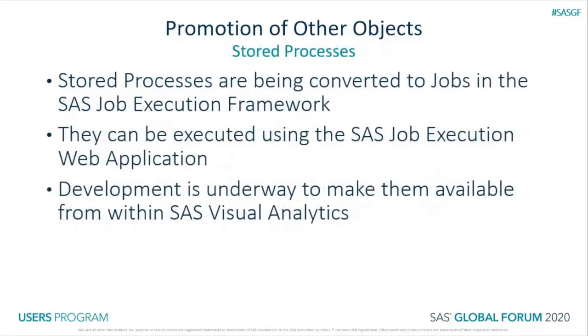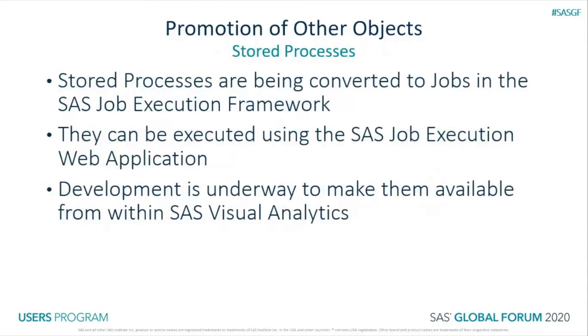Another important object to look at are stored processes. Stored processes are no longer available in SAS Viya, but there is something that can replace the function of a stored process. Stored processes are being converted to jobs in the SAS job execution framework. This is already available in the current release.